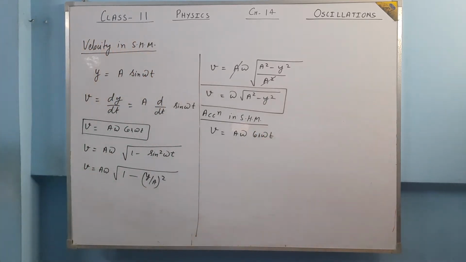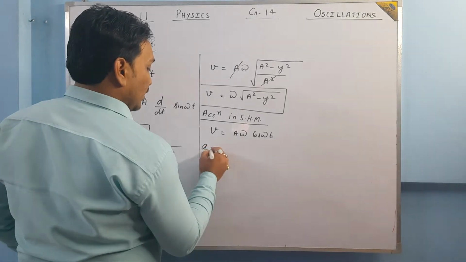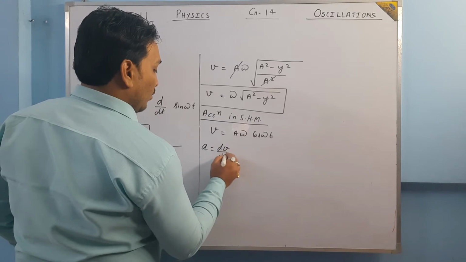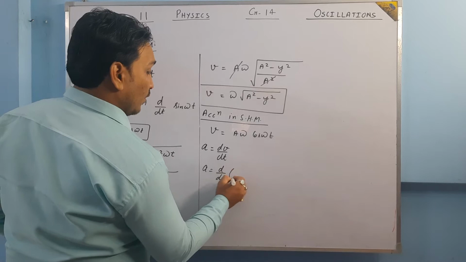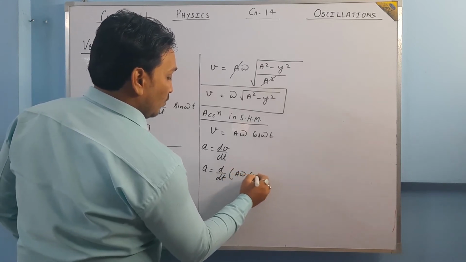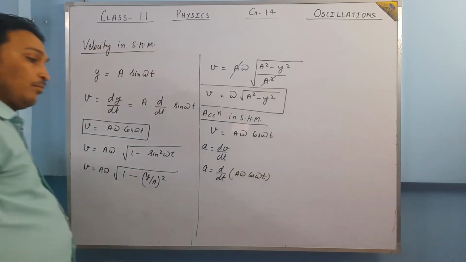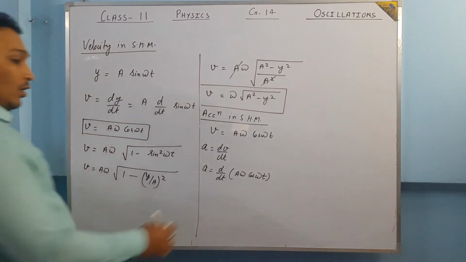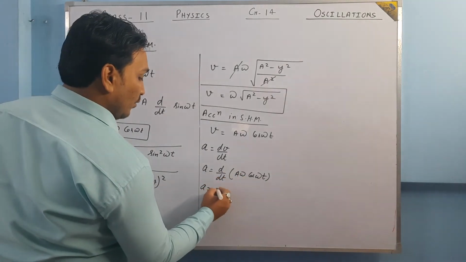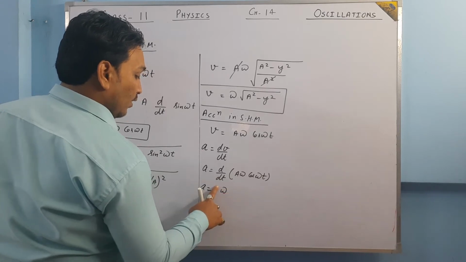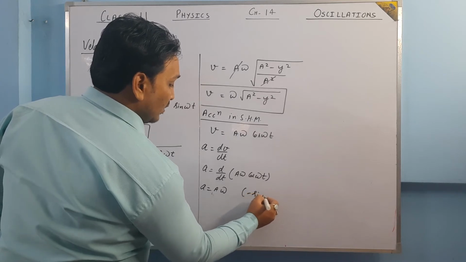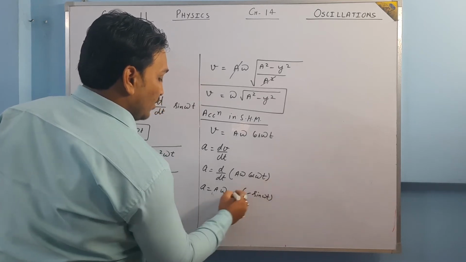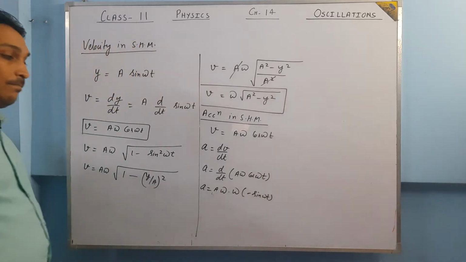Now if I differentiate this velocity, acceleration is what? a = dv/dt, so a comes out to be d/dt of a omega cos omega t. Okay, so a omega is not being differentiated, it comes out of the differentiation. The differentiation of cos omega t is minus sin omega t, and omega t is again being differentiated, so another omega comes out here.